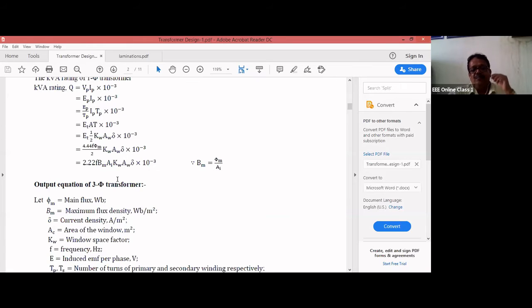So the maximum flux density is inversely proportional to AI. If I take a higher Bm, then what will happen?